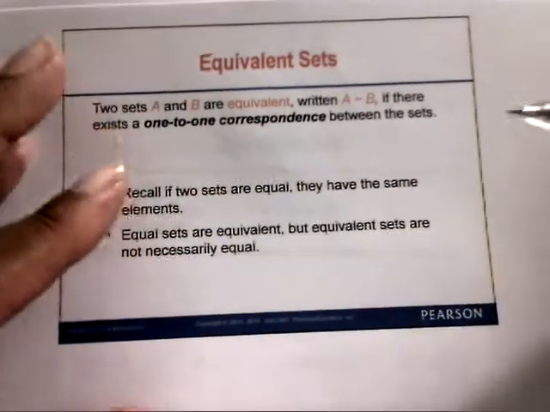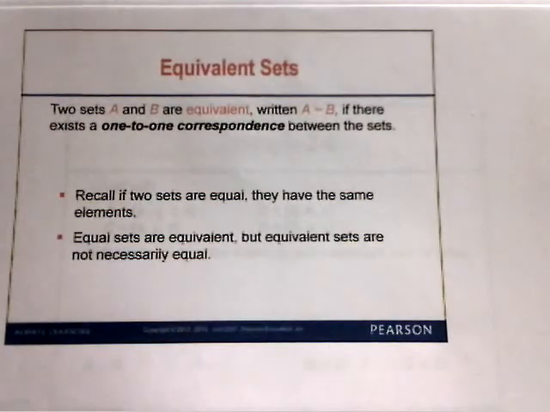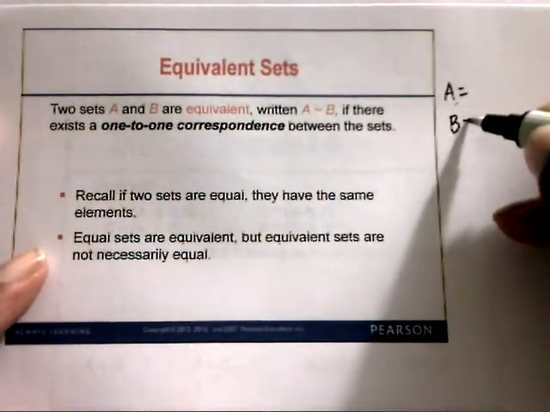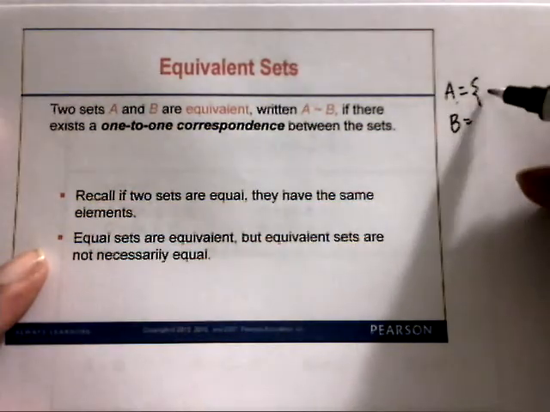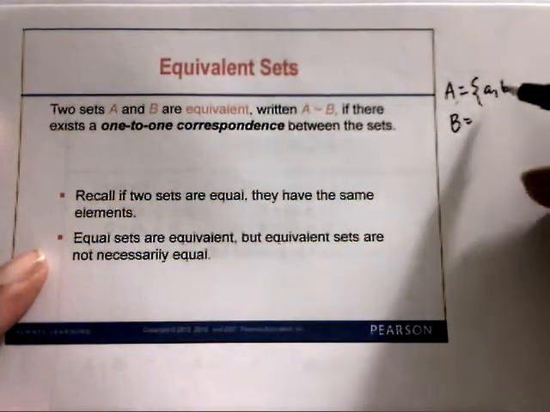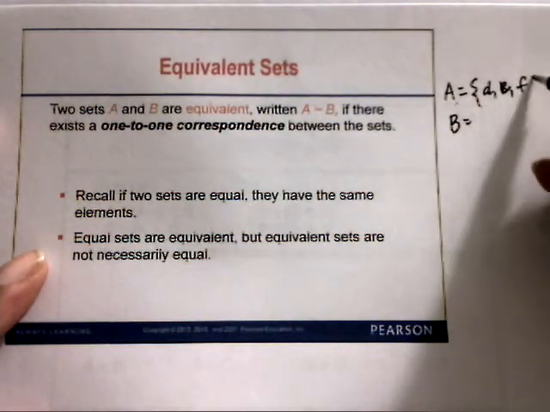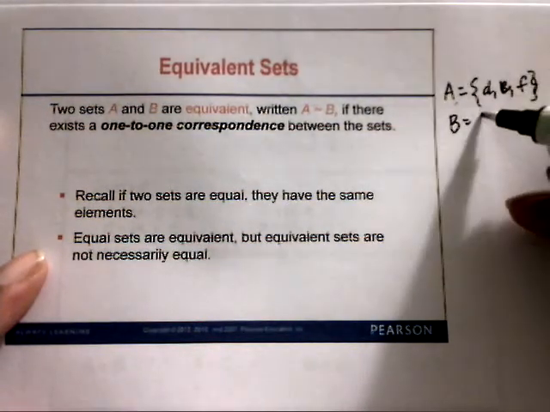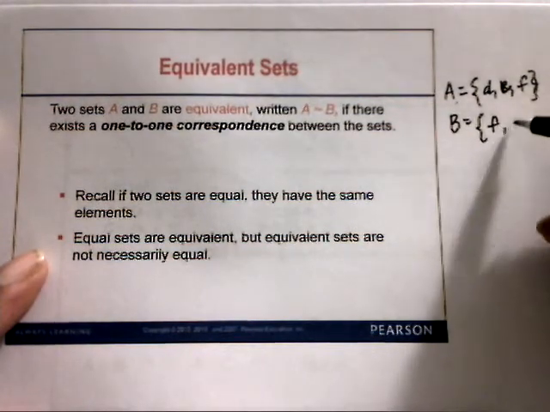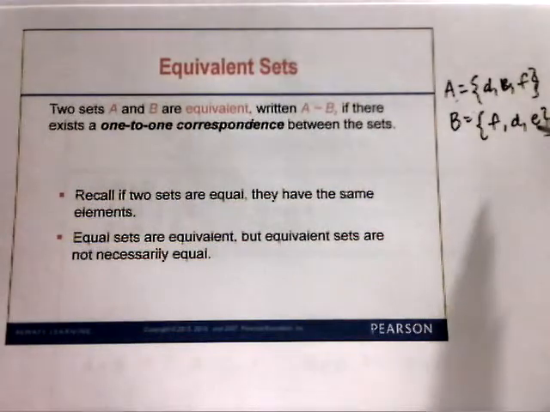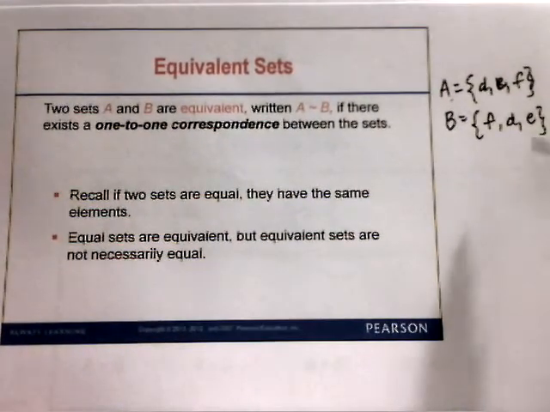Okay? So let me give you an example of something like that. Let's say sets A and B. Let's say D, E, F, and F, D, E. We know those are equal sets because they have the same elements.